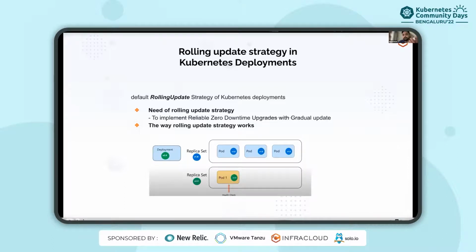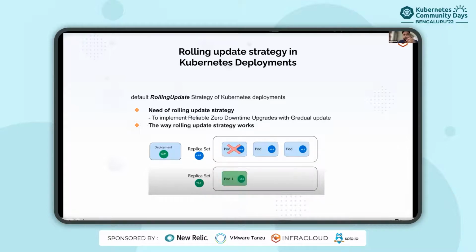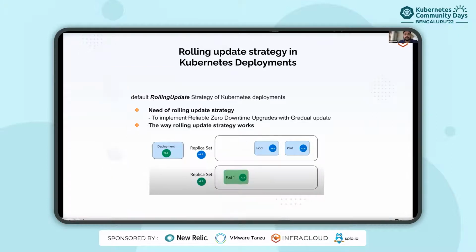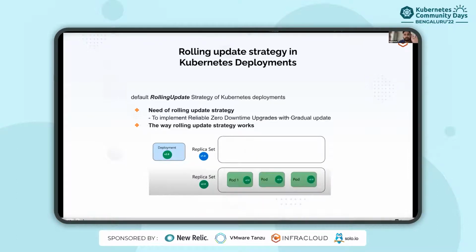Then it does a health check based on the readiness or liveness probes that you set. If it looks good, the pod starts receiving traffic, and one pod from your older replica set gets deleted. That's how this rolling update strategy works one by one. Eventually, all the pods from the previous replica set are terminated, and the new replica set's pods are running and receiving all the traffic.